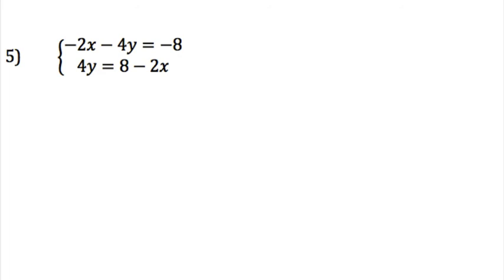So let's see what we have here. We have a little bit of work to do because the bottom equation is not in standard form. So let's start off by rewriting that top equation here. I'm going to put my little squiggly bracket there: -2x minus 4y equals -8.